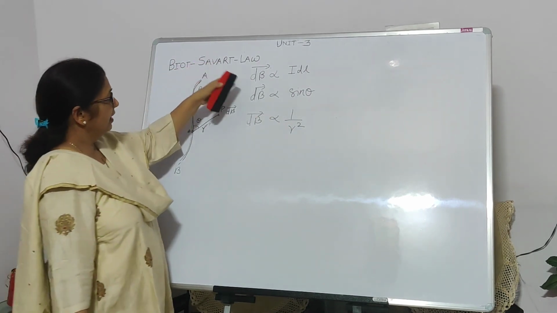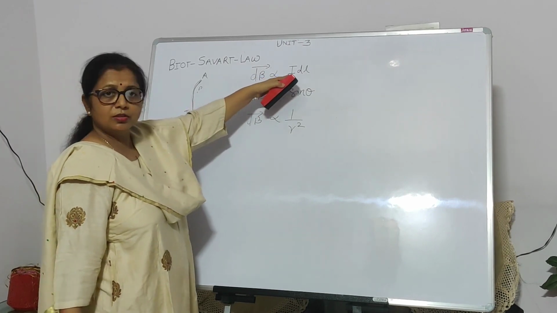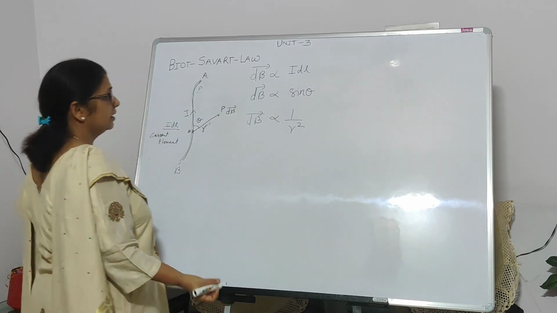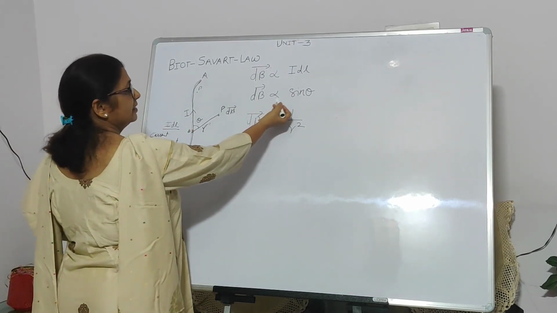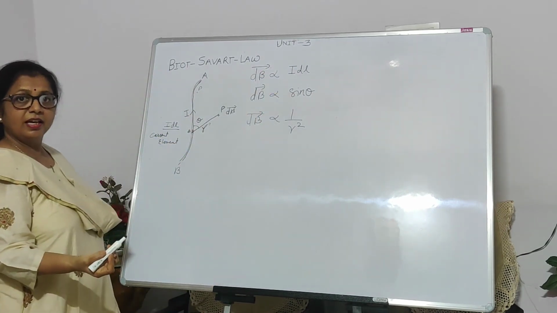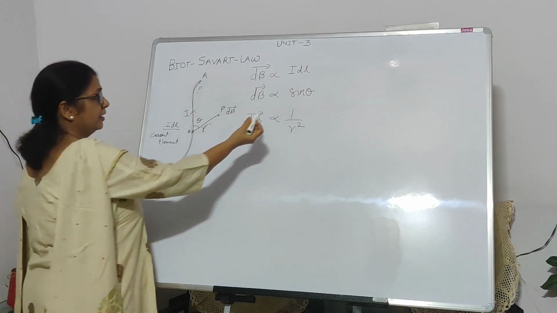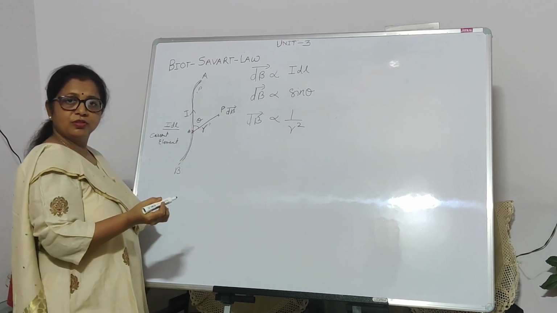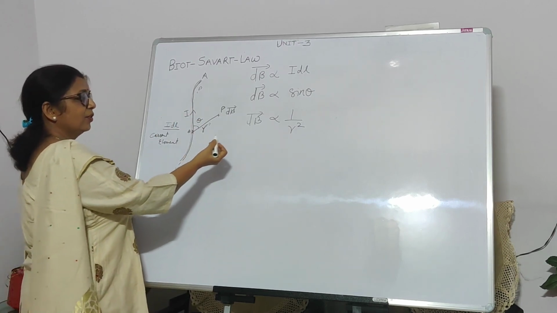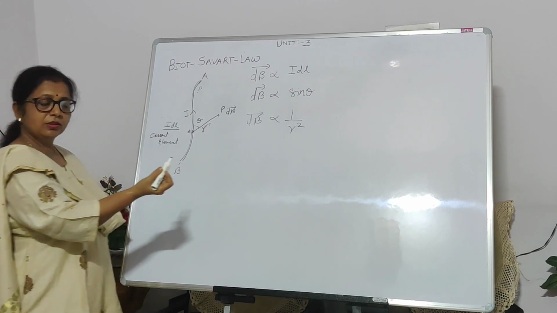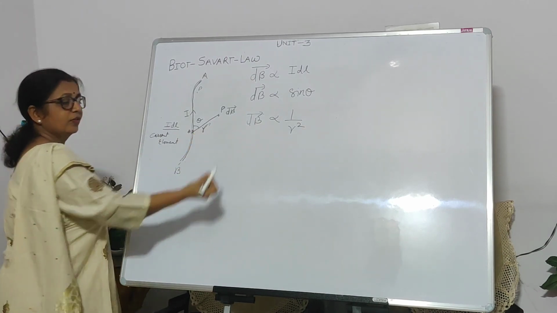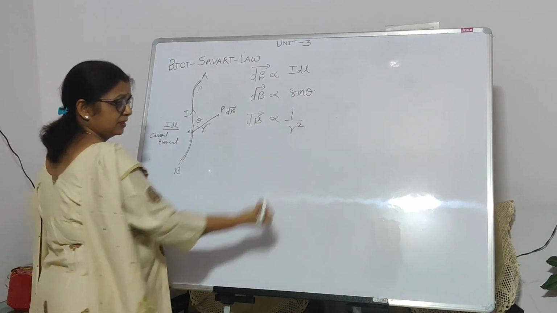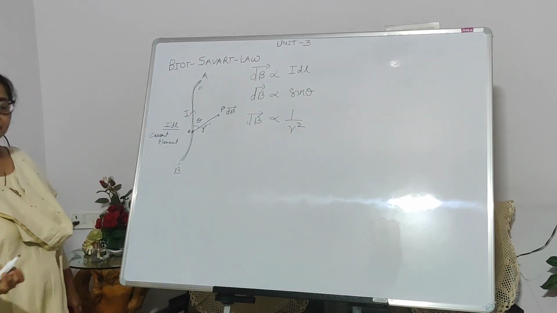It is directly proportional to the current element source that produces it. Second, it is directly proportional to the sine of the angle made between the wire and the observation point. And third, just like Coulomb's law, it is inversely proportional to the square of the distance between them.